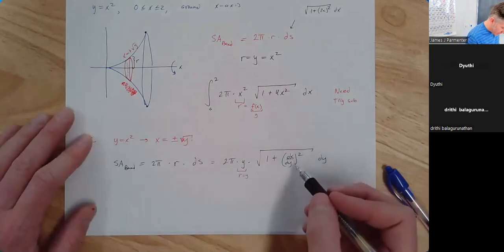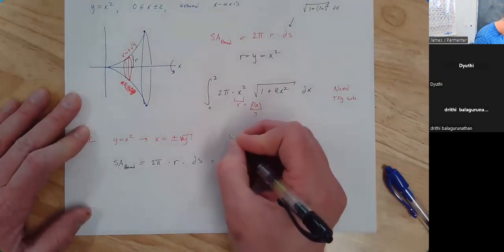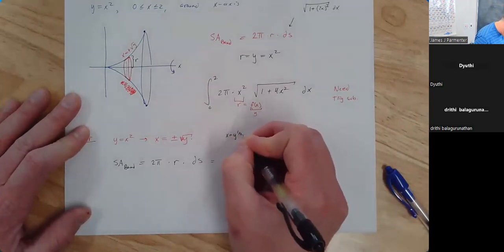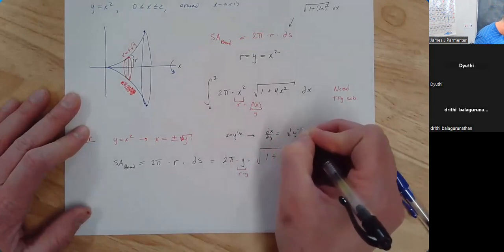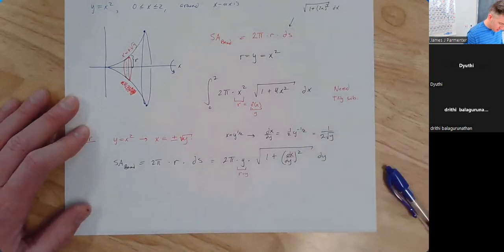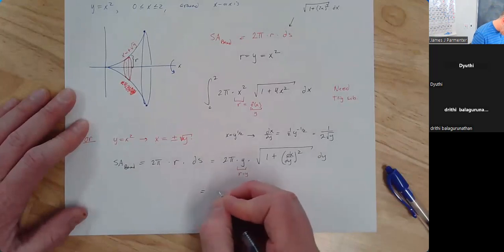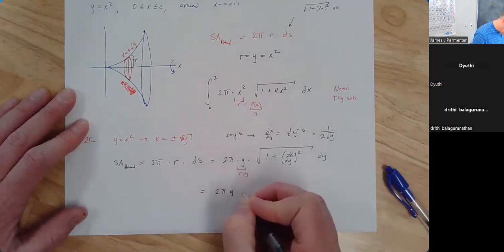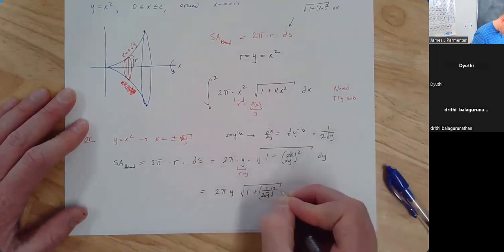And then here are dx dy. If x is equal to y to the 1/2, your dx dy would be 1/2 y to the negative 1/2, or 1 over 2 root y. So if we do this, our surface area of our band is going to be 2 pi times y times the square root of 1 plus 1 over 2 root y squared.